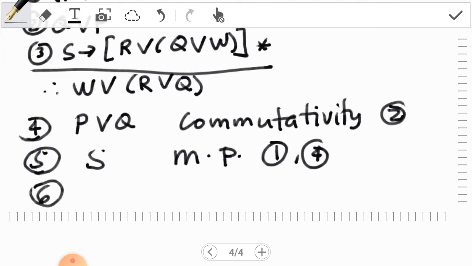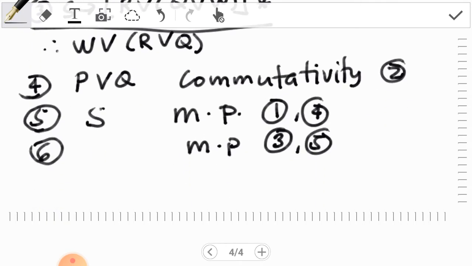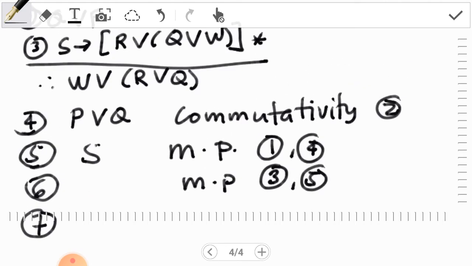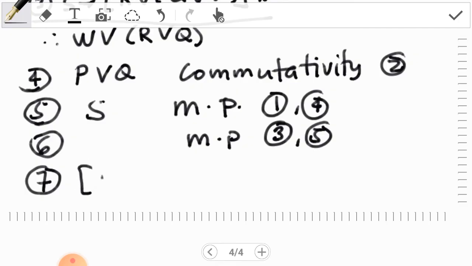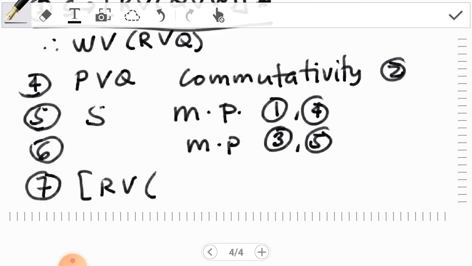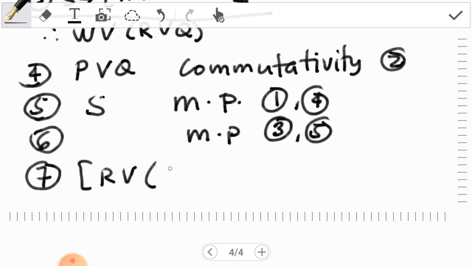The proposition S. S implies something. So again, modus ponens. So this time, using modus ponens of line number 3 and 5, we get R or Q or W. Okay?